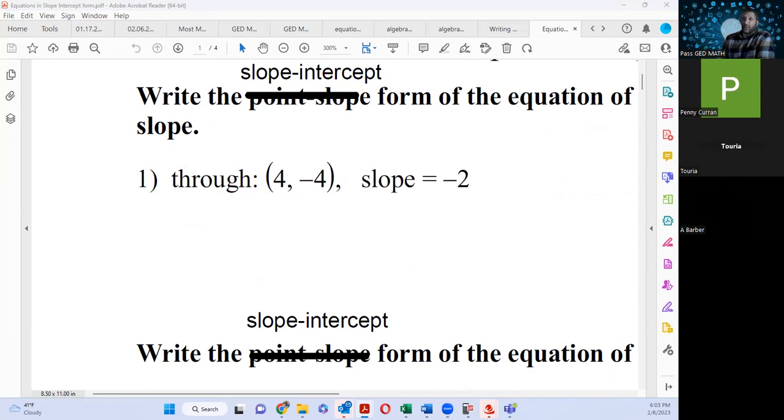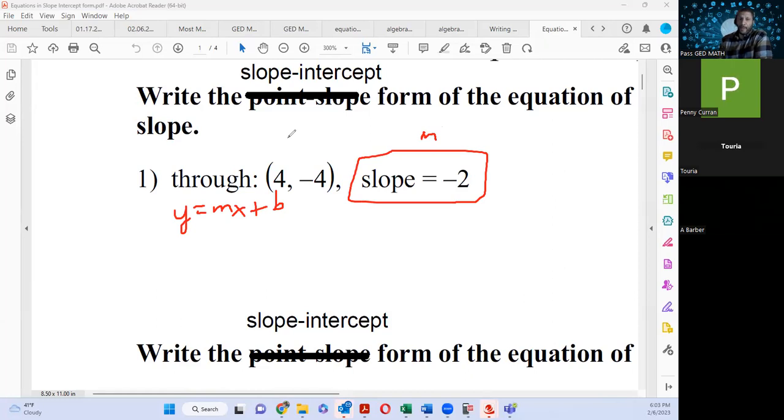But how will we start this problem if I'm given a point and the slope? With the formula y equals mx plus b. We will have the slope -2, and we're going to plug in 4, -4. So my 4, -4, what is that?